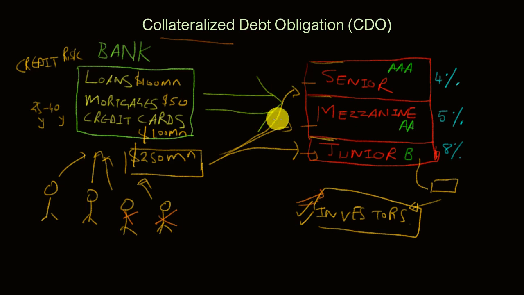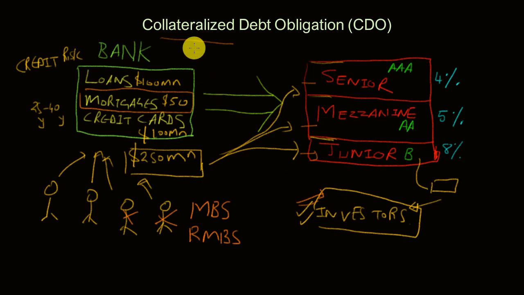Now, of course, there are specific collateralized debt obligations. For example, there are mortgage-backed securities, which are called MBSs, or you can also call them residential mortgage-backed securities. Mortgage-backed securities means you only include mortgages. So you take all the mortgages and you package them into different tranches and you sell them to investors.